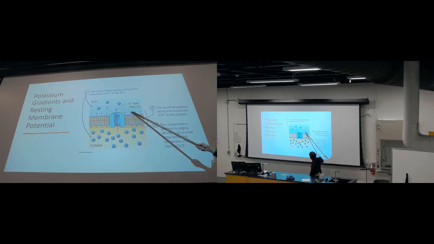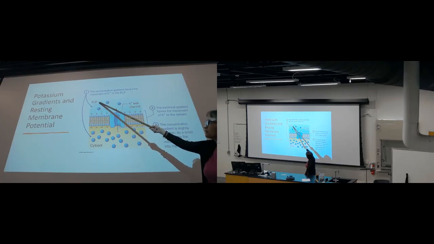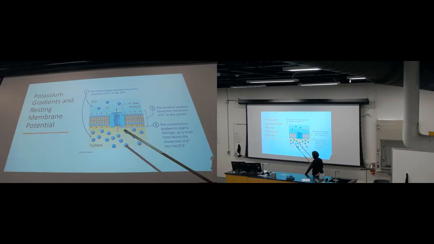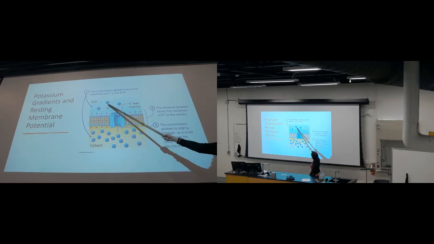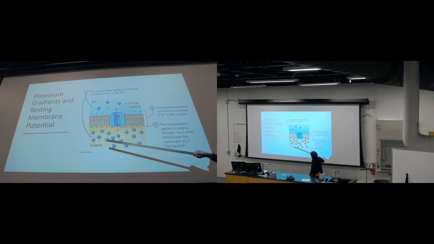The space above, shown in blue color, is the ECF, extracellular fluid, or extracellular compartment. And the space below, shown in yellow, is the cytosol. Because you have leaky channels, you're constantly having potassium exiting the cells, but it returns by a concentration gradient.